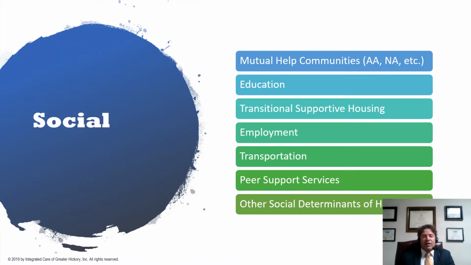And we move over again. So there's an intersection between all of these, and we're going to start with the mutual help communities that we talked about briefly in psychological. Education, supportive housing, employment, transportation. When you look at an integrated treatment model, the treatment provider should be able to engage the person seeking help in all of these different opportunities.